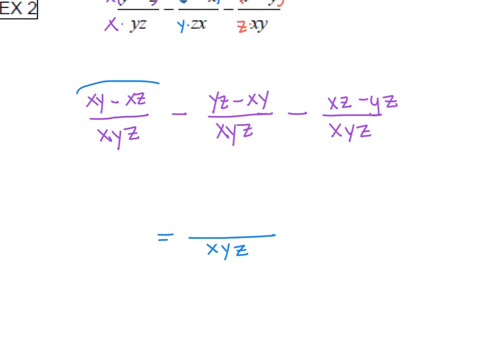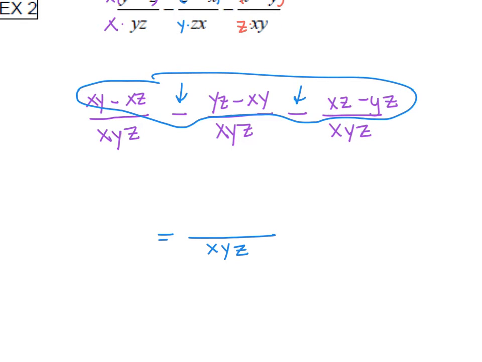First we're going to combine all this up here. And these subtractions, we're going to have to pay attention to that. So first we have the xy minus xz. Now we're subtracting a yz, so minus yz, and we are subtracting a negative xy.